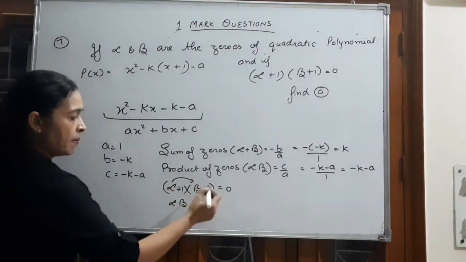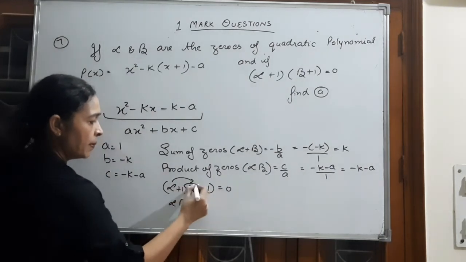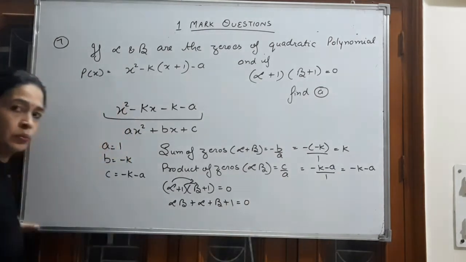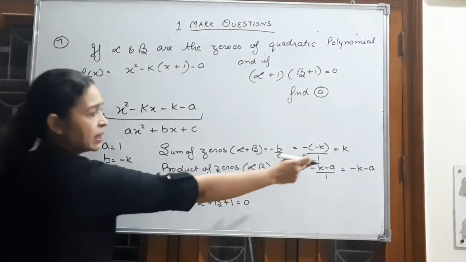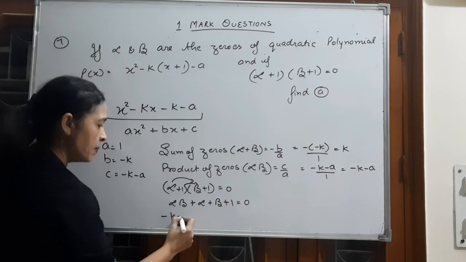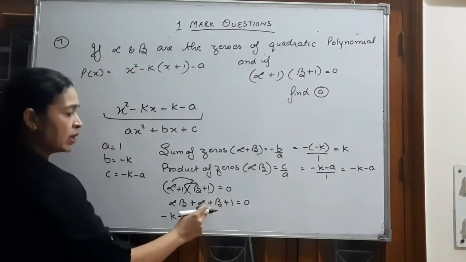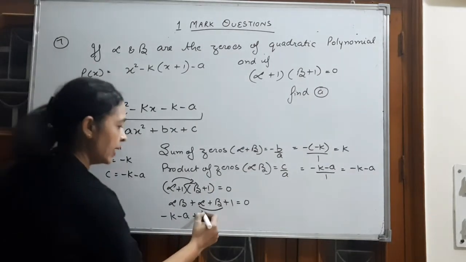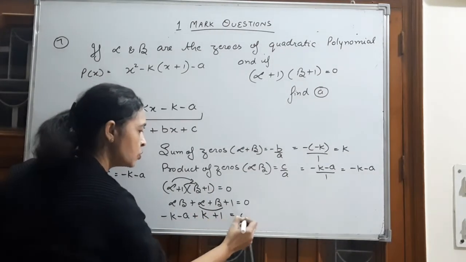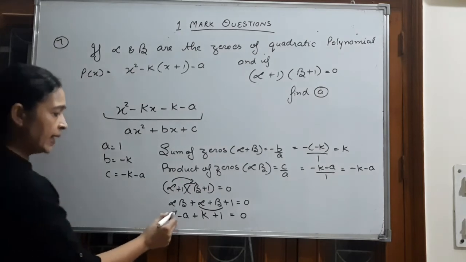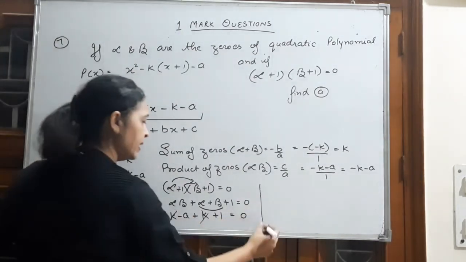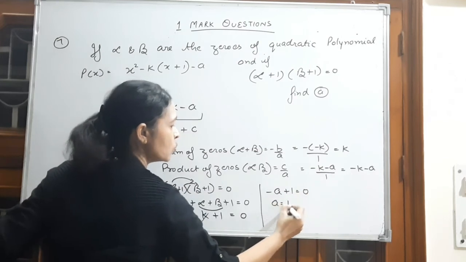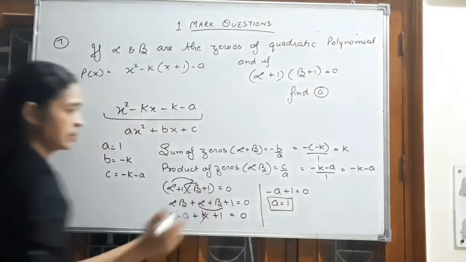Alpha beta plus alpha plus beta plus 1 equals 0. Alpha beta is minus k minus a, plus alpha plus beta is k, plus 1 equals 0. k and k get cancelled. We get minus a plus 1 equals 0, and a equals 1, which is our answer.